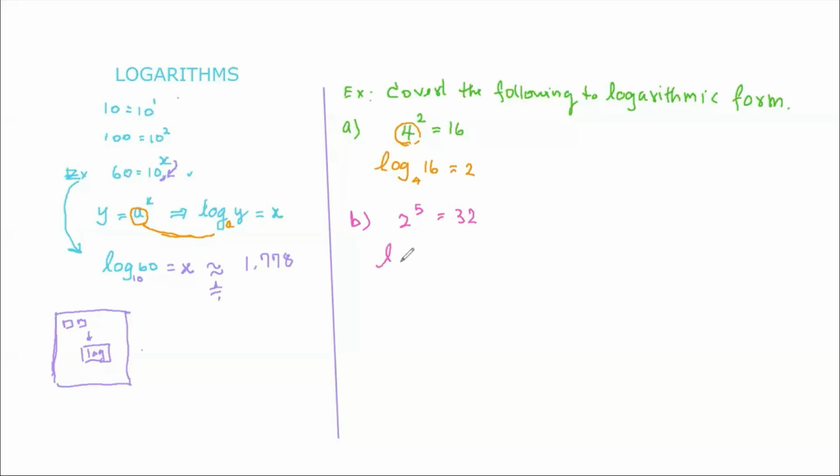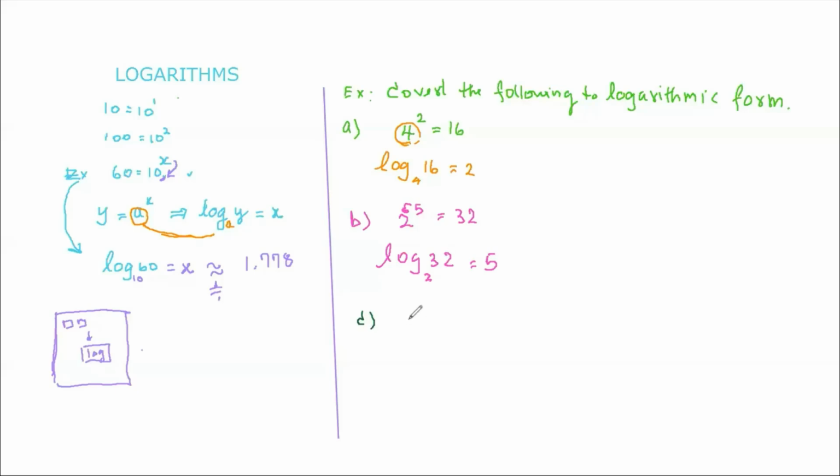We take log 32, and move the base 2 of the exponent to be the base of the logarithm. So 2 goes down here. 5, move it down to take the place of number 2. So it equals 5 here. Okay, one more example.